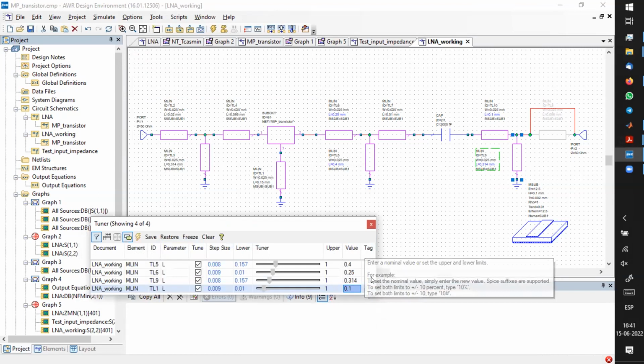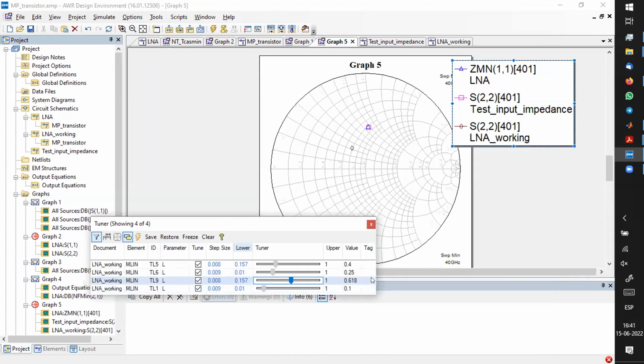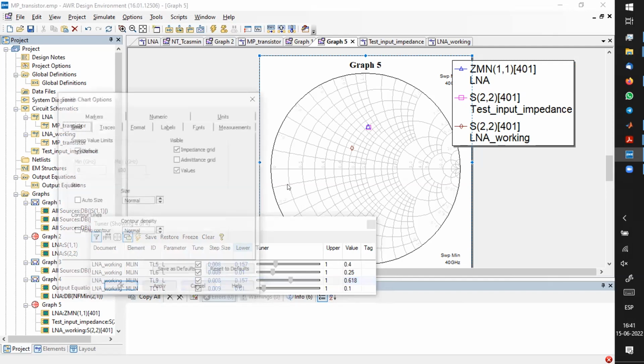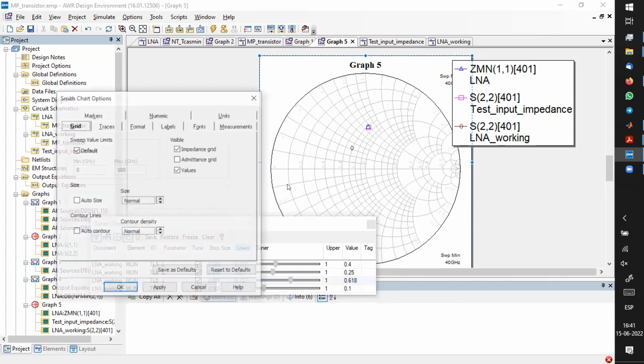Yes, again you are moving on the admittance plane. Can you get an admittance plane on this Smith chart? Can you right click it? No. Options. Ah, there you have the admittance grid. Add the admittance grid.